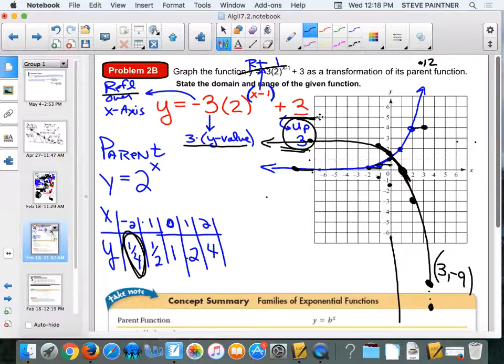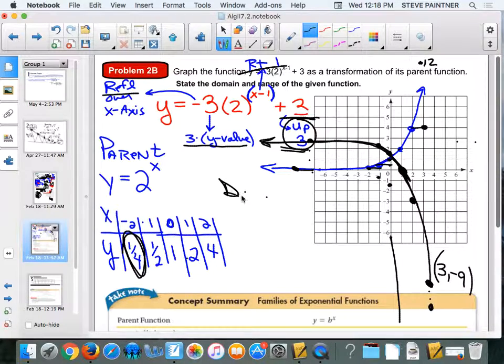Why are we below 3, by the way? Why did we fall below 3? Because of what? What did this do? You reflected it. You were going to be above 3. Well, you got reflected. You're below 3. Hopefully that makes some sense.